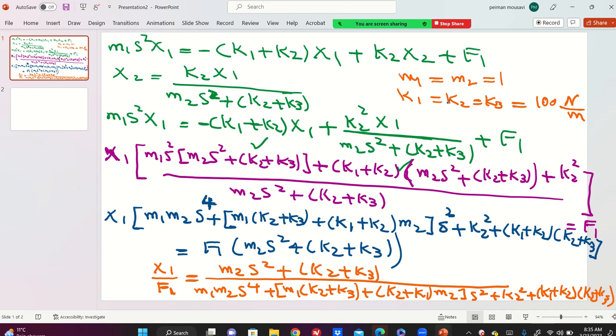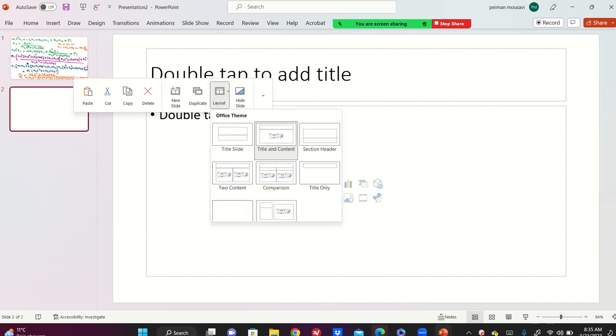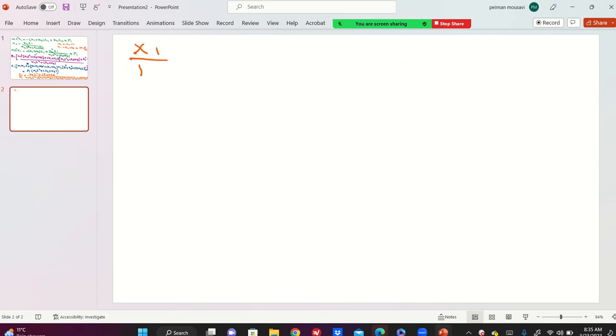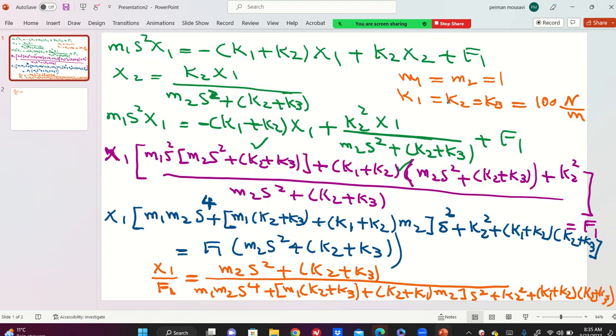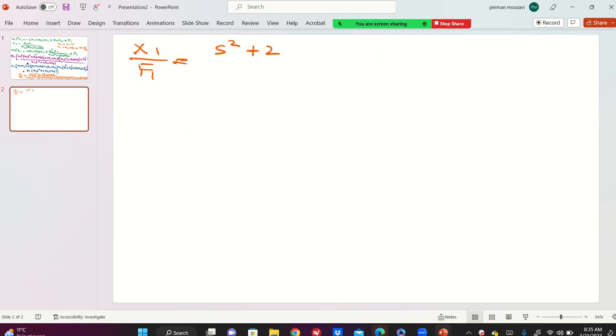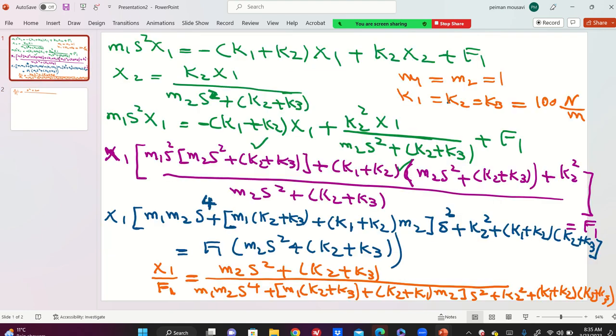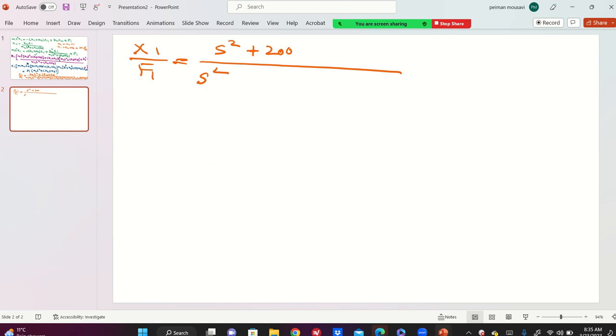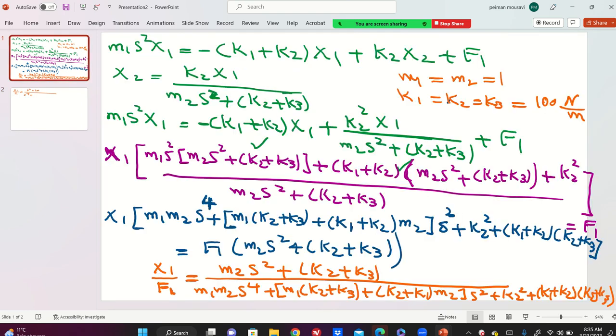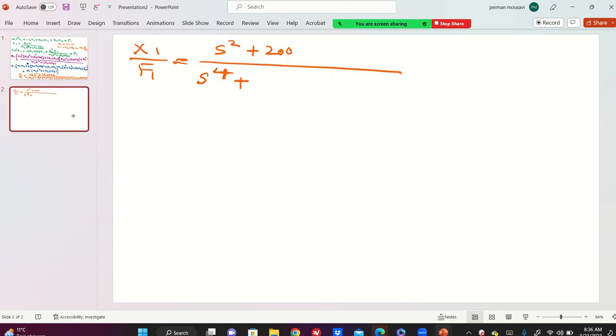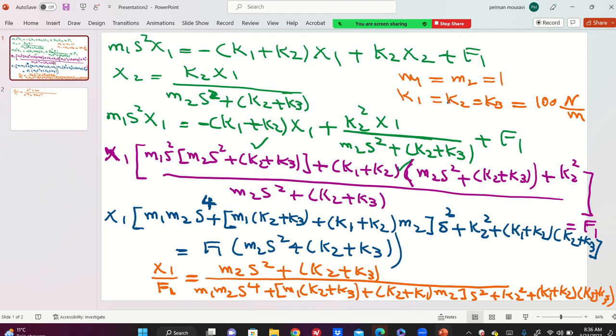Okay. So having said, I'm gonna simplify this as x1 over f1 gonna be s square plus 200 divided by s fourth order plus, so okay, 200 plus 200, 400 s square, and K2 square means 10,000 plus again, see here, it's gonna be 200 multiplied by 200.